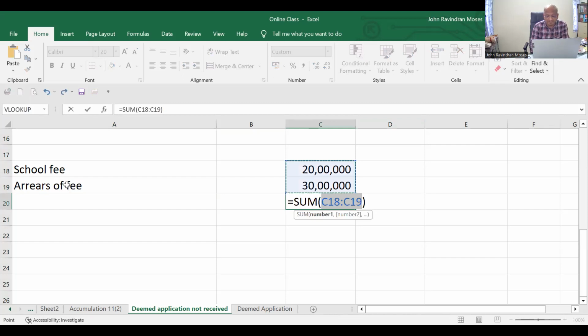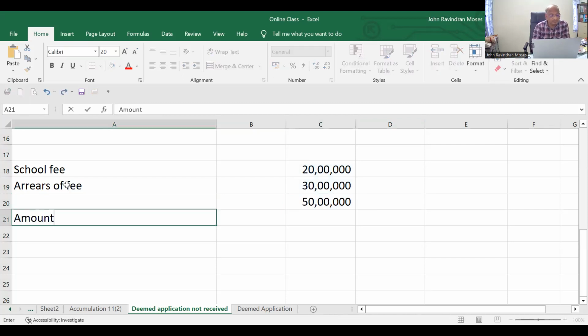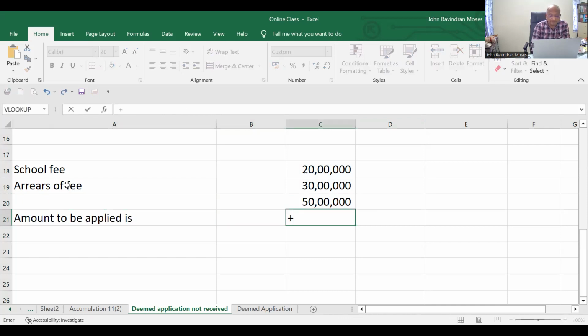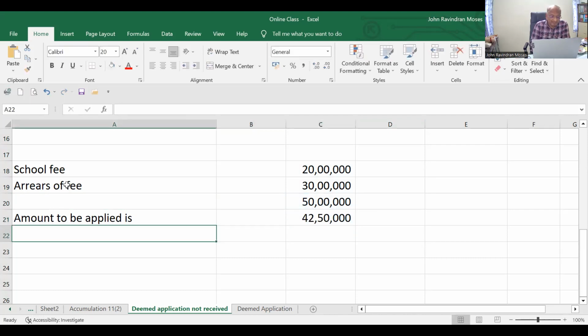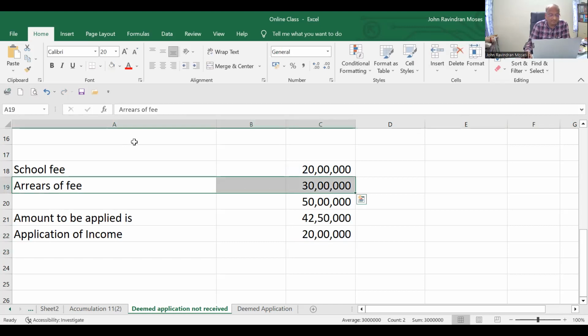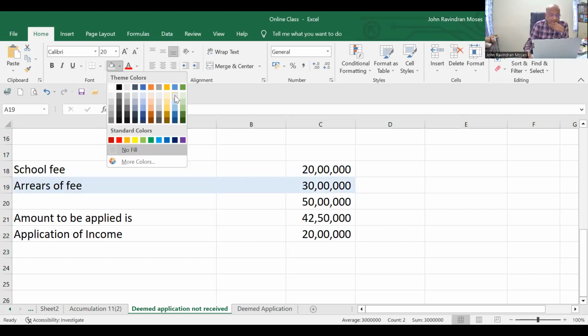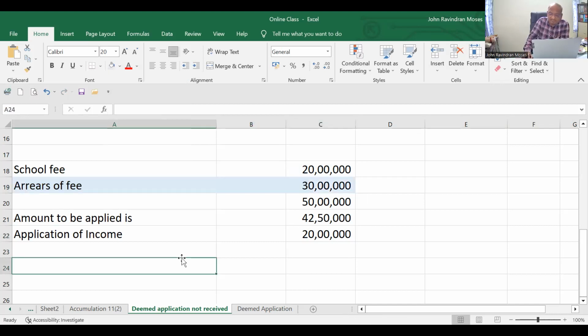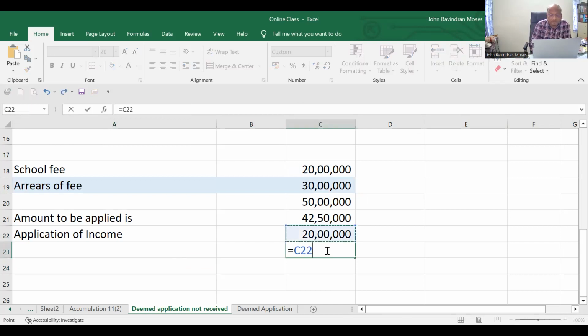My total income is 50 lakhs. How much do I need to apply? 85% of this 50 lakhs. But what I can realistically apply for the current year is this 20 lakhs. What I have not received, the arrears of fees, I will not be able to spend, and I will not be able to apply that because I have not received this money. So which means that I have a shortfall of 22 lakhs.